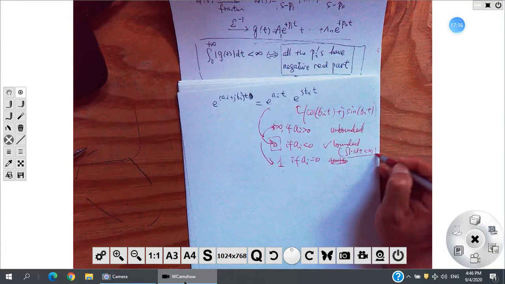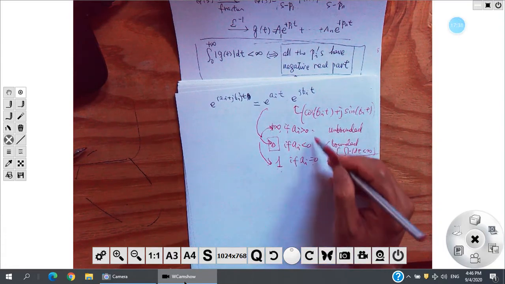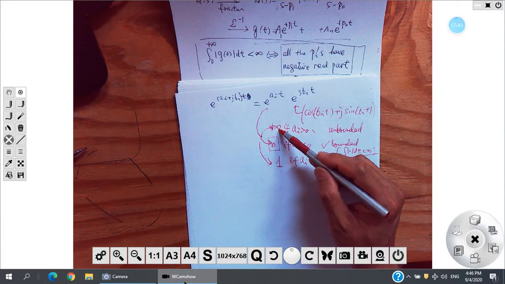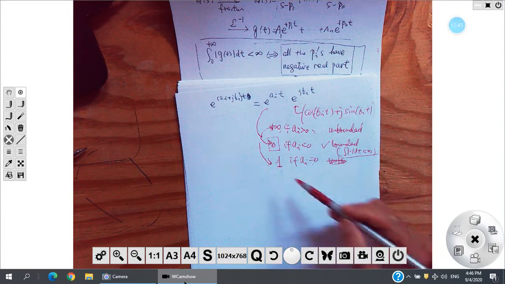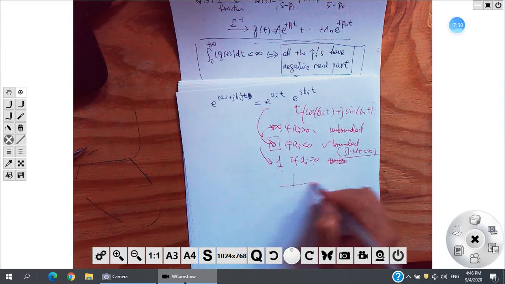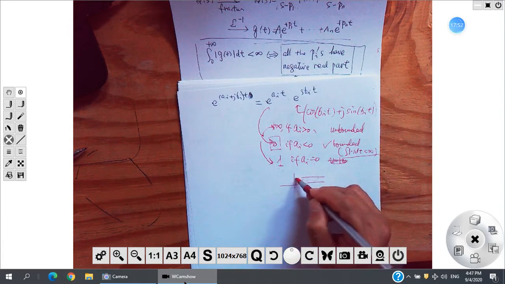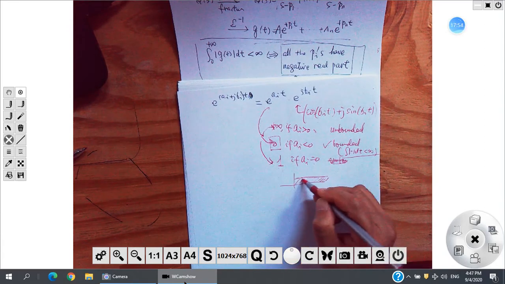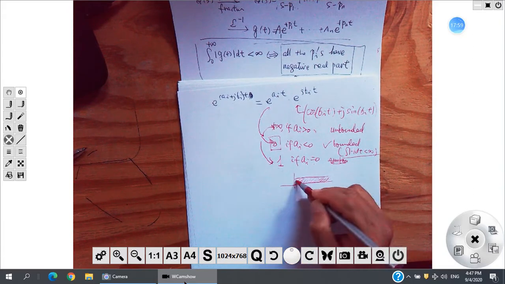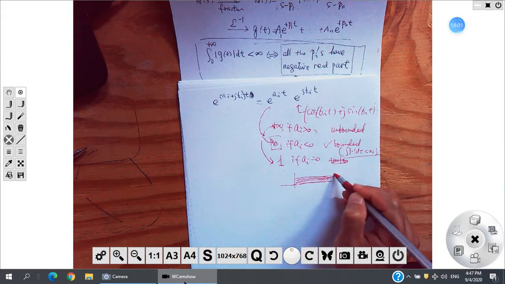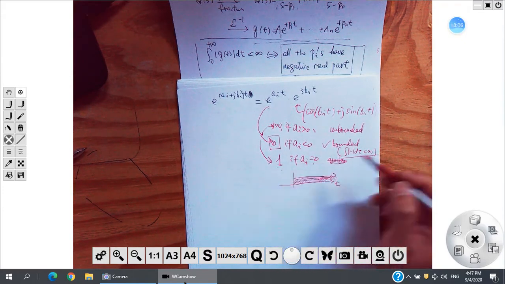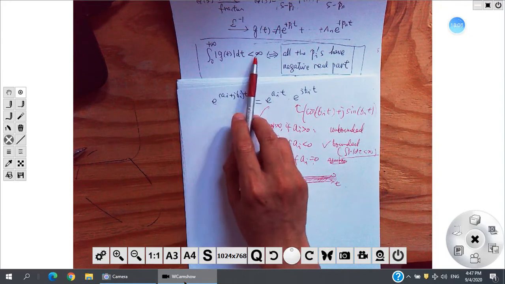We have this, and for these two, when you do integration, they are infinite. This itself is already infinite, so of course the integration is still infinite. And this is 1. You take the integral, you have the area below it, and this is also infinite, because the time goes to infinite.